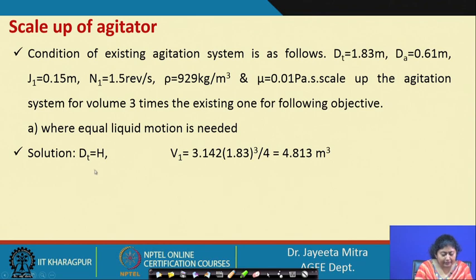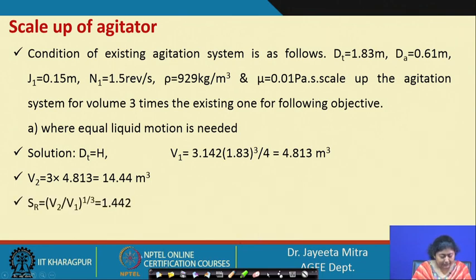First, we consider dT equal to H, the height of the liquid level. V1 equals 3.142 into 1.83, the diameter of the tank, squared, divided by 4, so 4.813 meter cube. Then V2 we need 3 times the existing volume, which we have calculated.